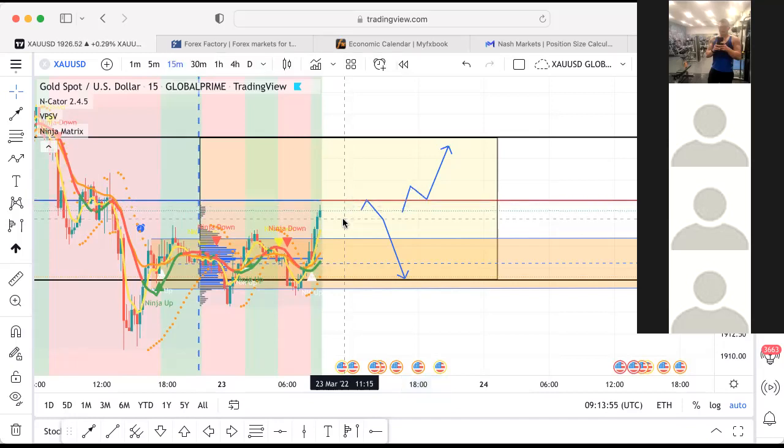I would watch and see what price did, because it is a strong possibility that price will reject and come back. It might reject and then go back and retest the line and go through, but we don't know that. I would wait until price, and how can I show this?